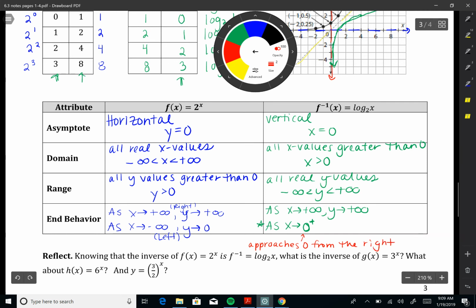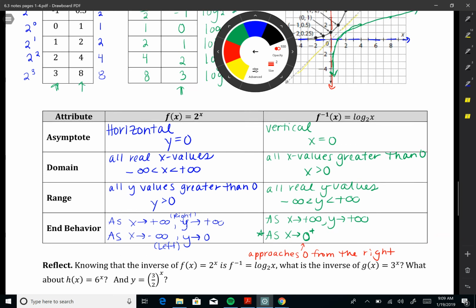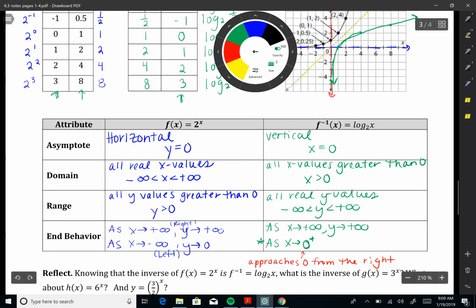So I'm coming into 0, moving in the leftward direction, but coming in from the right side. That's how we would describe that. If my graph was on the other side of the asymptote, I could be approaching 0 from the left side. So as x approaches 0 from the right, our y values are getting infinitely small. So y approaches negative infinity.